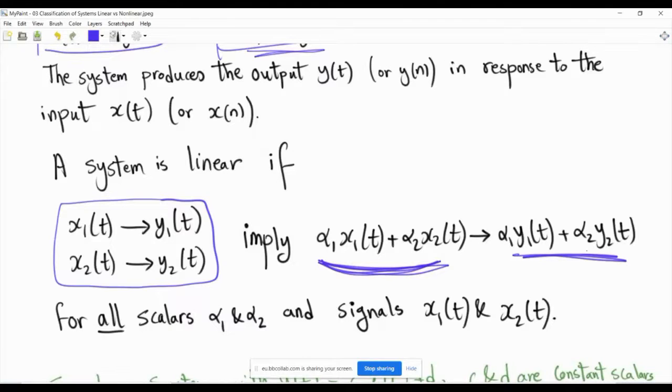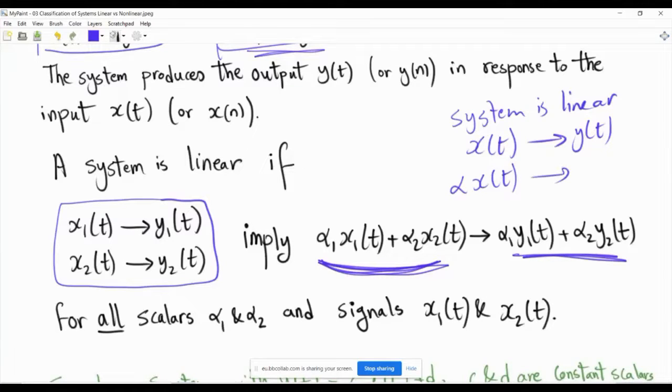As a special case, if the system is linear and the output is y of t in response to x of t, what if you scale the input? It's as if we are applying this definition with alpha 2 equal to 0.